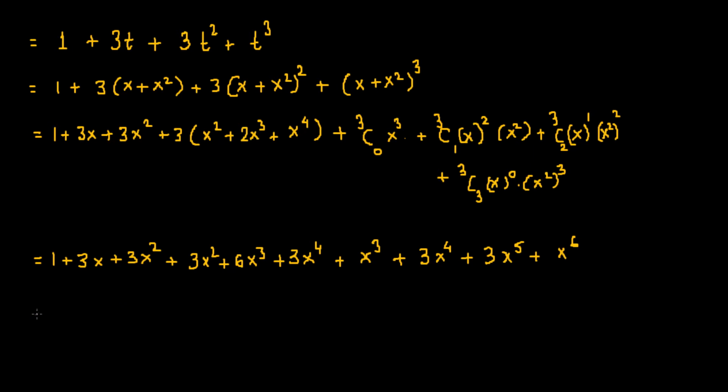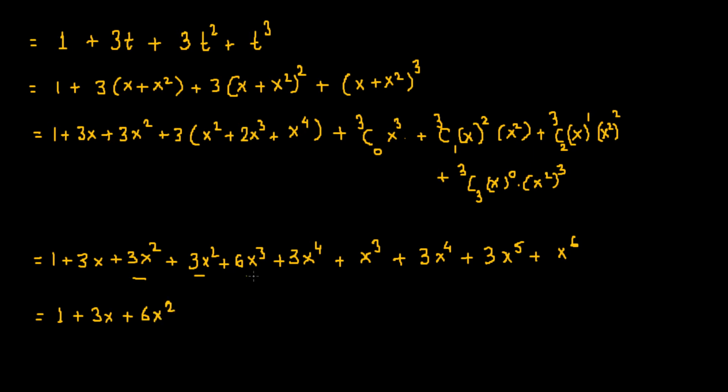Great. Now we're going to combine all the like terms, so starting with 1, no constant among the other terms, so 1 will stay as it is, thrice x. Any other x terms? No, this is the only one, so 1 plus thrice x plus x squared term. Yes, we do have 2 x squared terms, so this adds up to give us 6x squared.